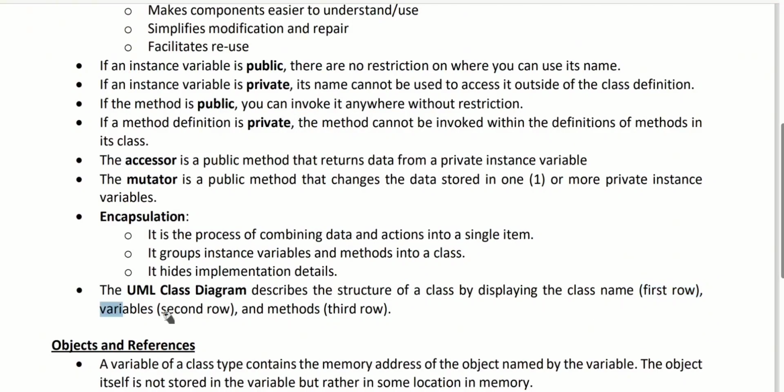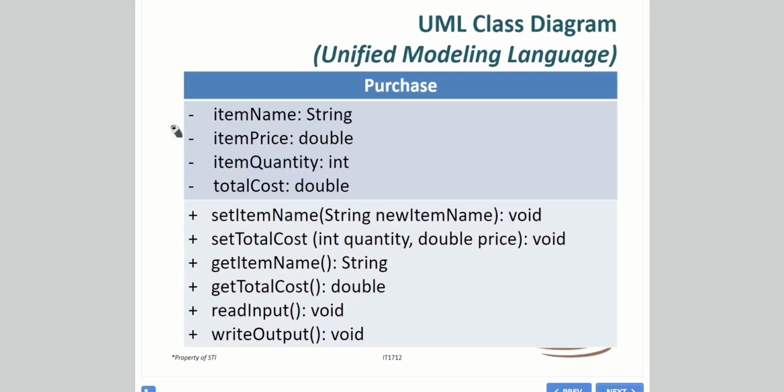Next, on the second row, or the following rows, are the variables. So we have here the variable itemName, which is a String data type, and our variable itemPrice, which is a double data type, and we have itemQuantity, which is an integer, and we have the totalCost, which is a double data type.